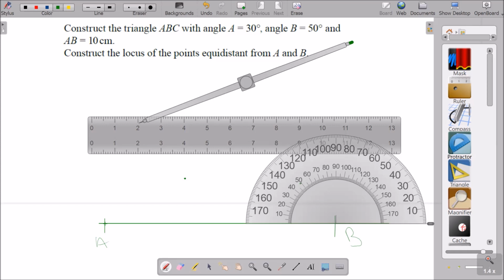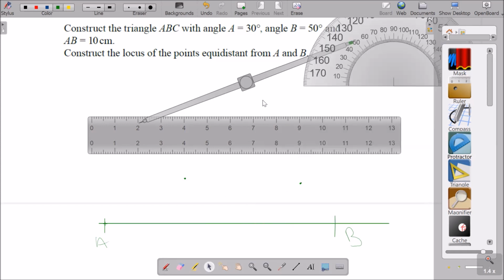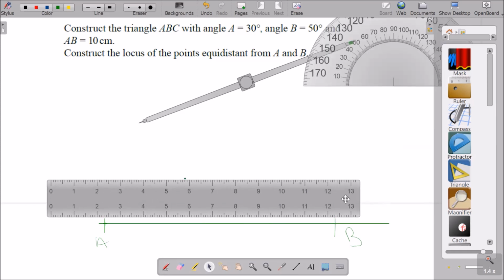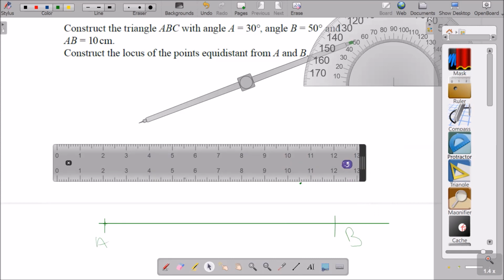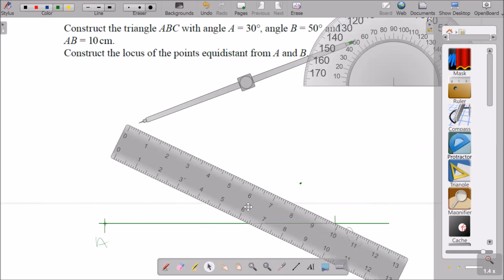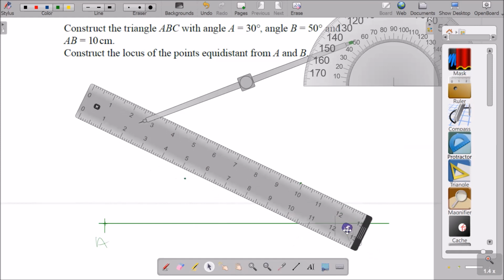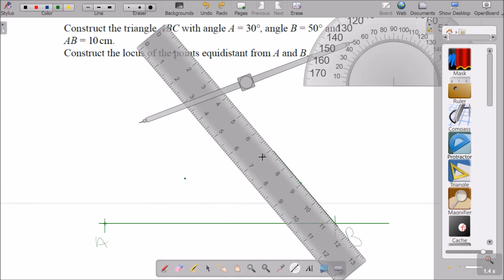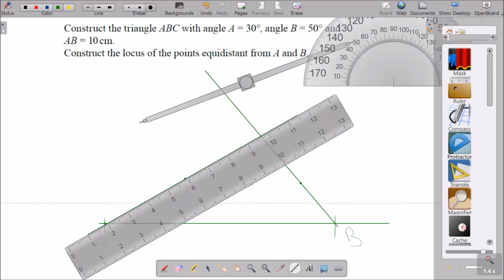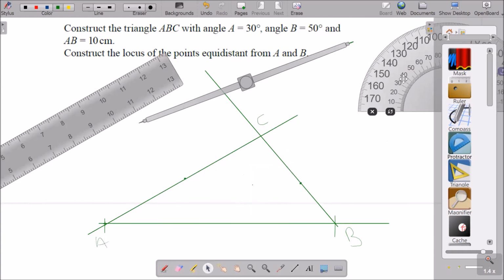Mark our 50-degree point. We then join these 2 points using a ruler. Join the 50-degree point to B and the 30-degree point to A. So this is our point C.